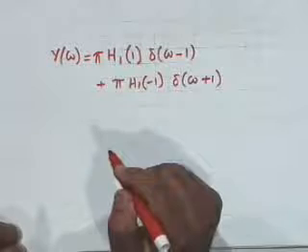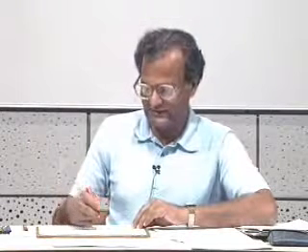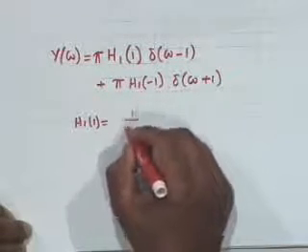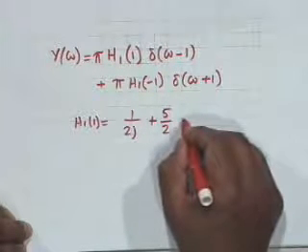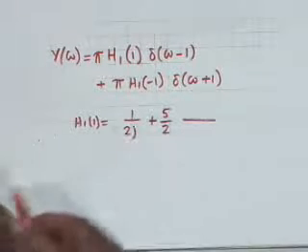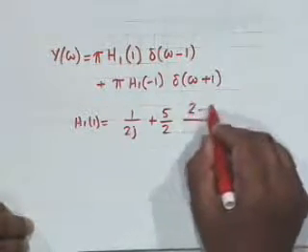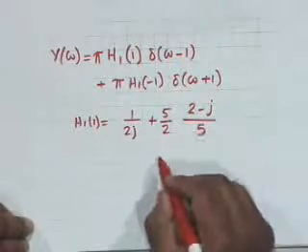Now, in these simplifications, there is a small trick that one applies. That is the trick about, you see, h1 of 1, for example, is 1 over 2j plus 5 by 2. Now, this complex quantity, 1 by j plus 2, well, we write as 2 minus j upon 5.